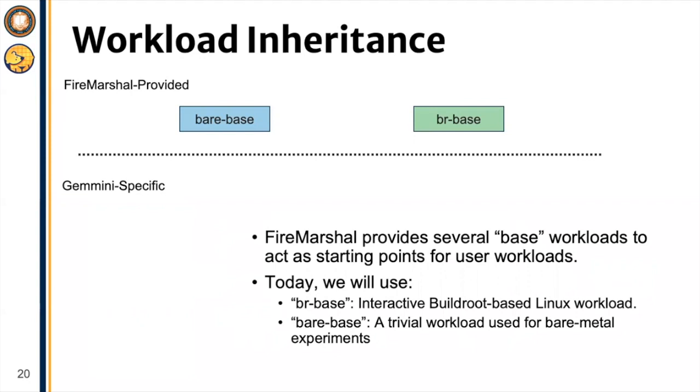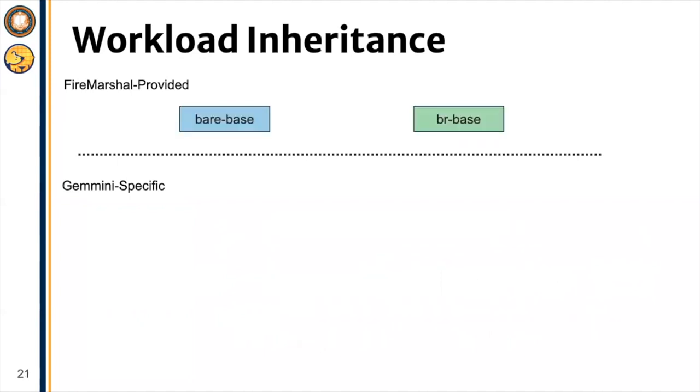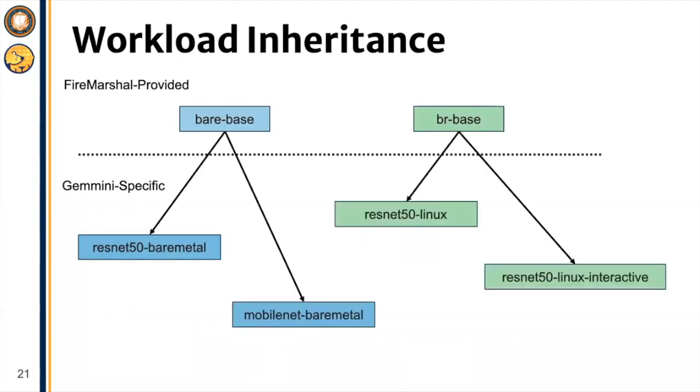So we have same defaults for both that are Marshal provided. In this case, we have Gemmini specific workloads that inherit from both. So this is going to be your ResNet and ResNet running on Linux, interactively or non-interactively, running in bare metal, and then in this case, MobileNet bare metal. And we'll focus on that in a future slide deck.